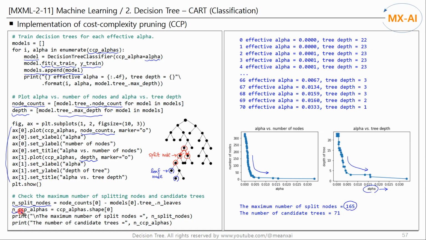However, only 71 candidate trees are actually evaluated during the pruning process, not 165. This is because 71 of the 165 split nodes correspond to the weakest links in the tree. Since it is not necessary to evaluate all 165 split nodes, cost complexity pruning can be performed efficiently by focusing only on the candidate subtrees.